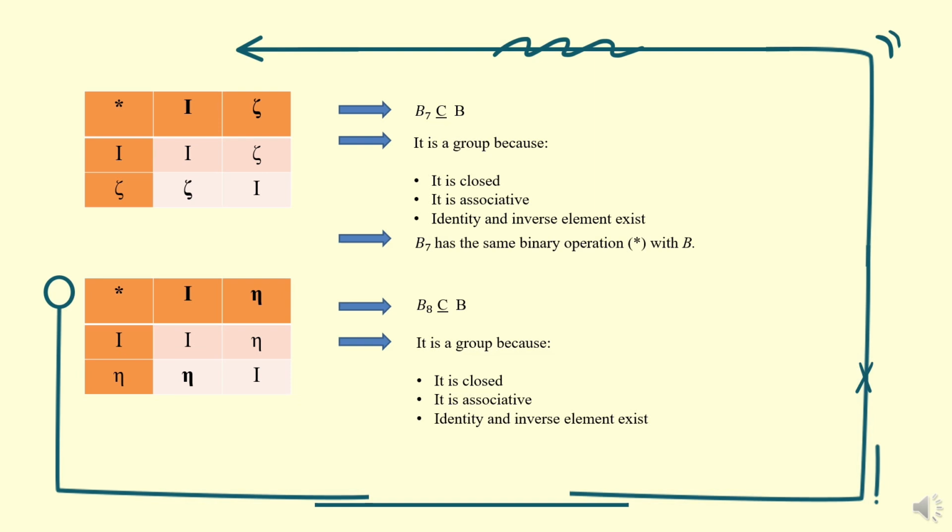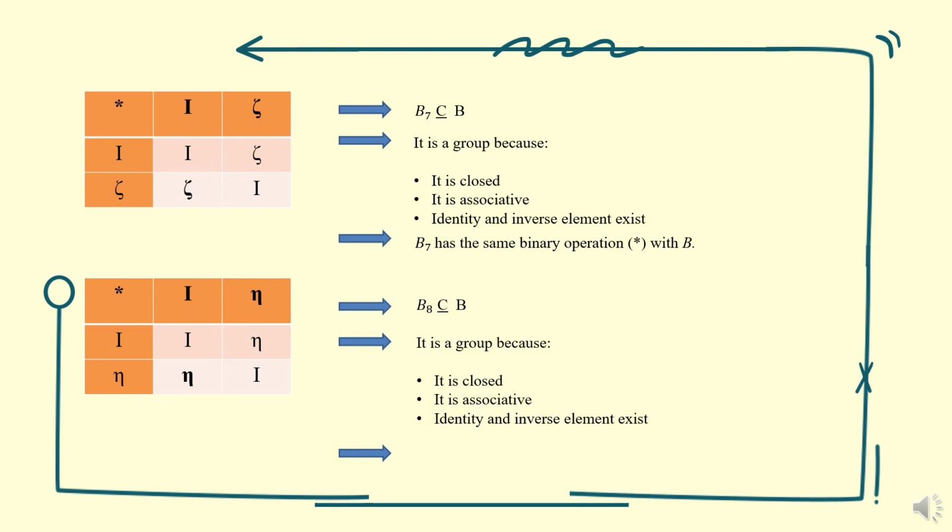It is associative because when we flip this table 180 degrees and then rearrange the table, we can get the same as this original table. So in that way, we can say that this table is associative. And lastly, identity and inverse elements exist. Yes, identity and inverse elements exist in this table.